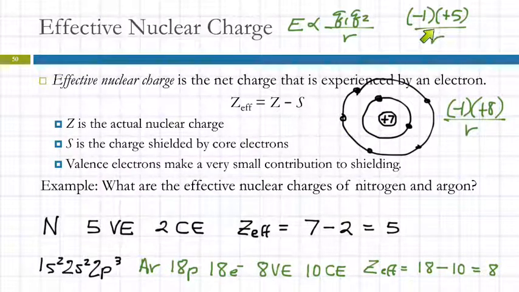But because of the shielding, it's reduced to 5. So the negative 1 over R is like constant. Yeah, all electrons have a negative 1 charge. We're looking at one electron attracted to the nucleus. But the charge that it sees depends on how many core electrons are in the way. How much it's being pushed over? Okay?